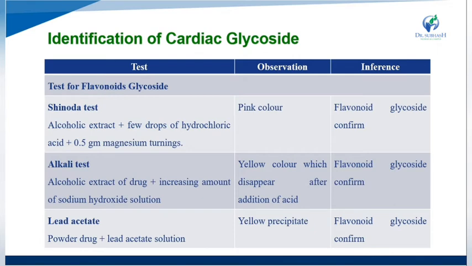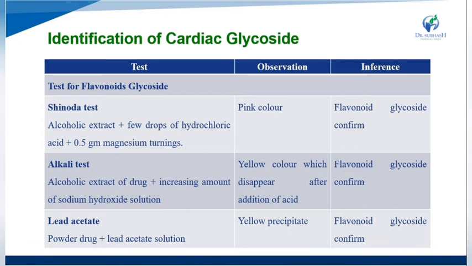So on addition of sodium hydroxide solution, they generate a yellow color which disappears after the addition of acid. For neutralization purposes we add some acid. So the yellowish color disappears after the addition of the acid, and they indicate the flavonoid glycoside is present in the drug component, okay.